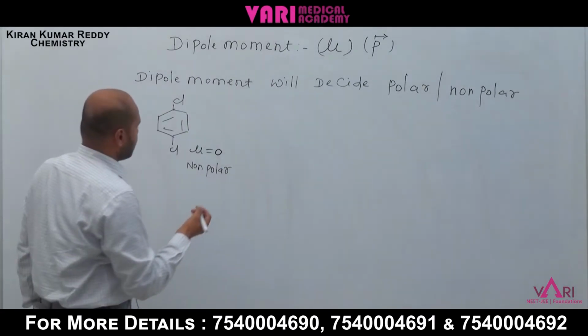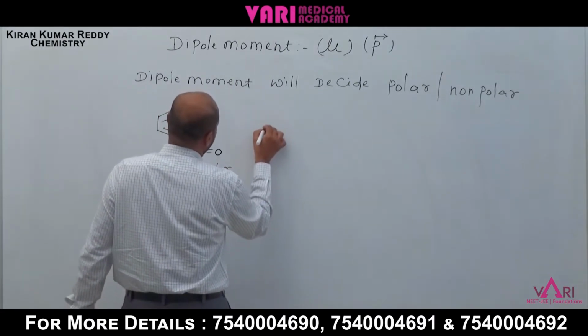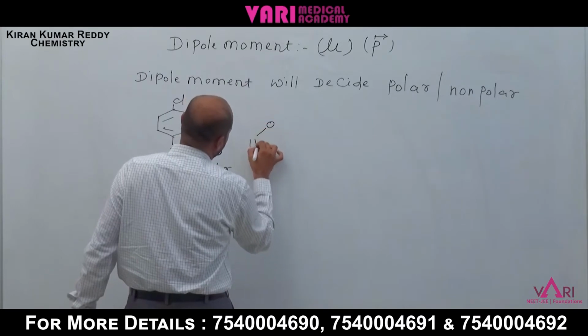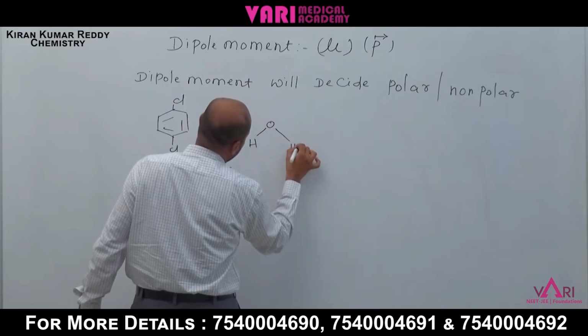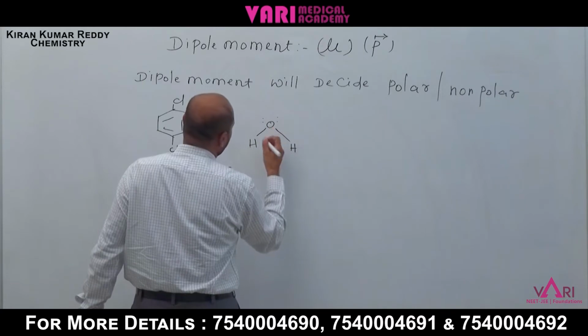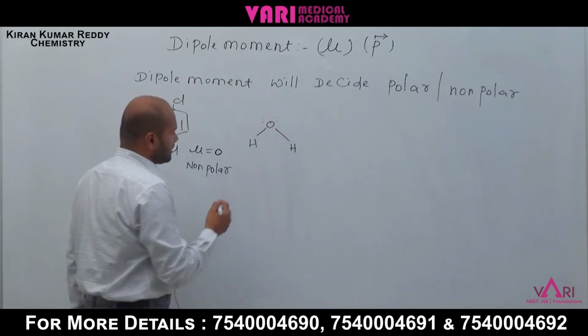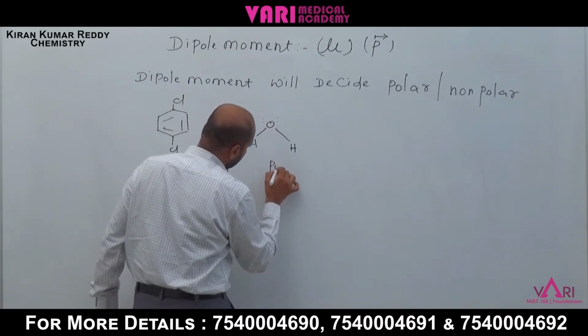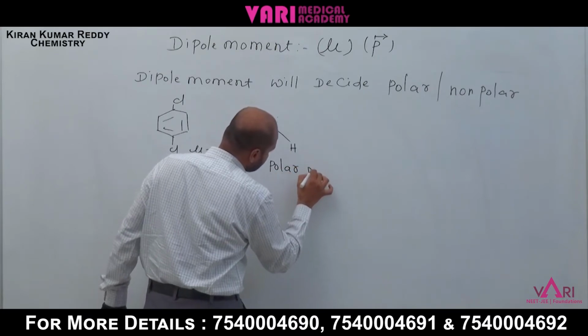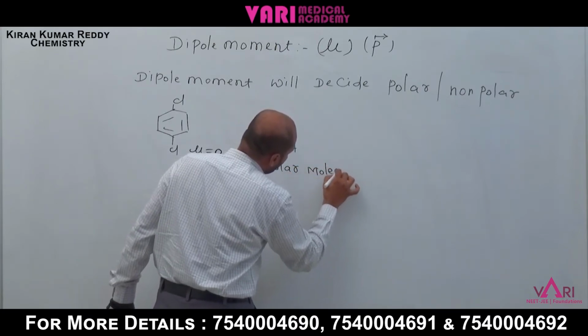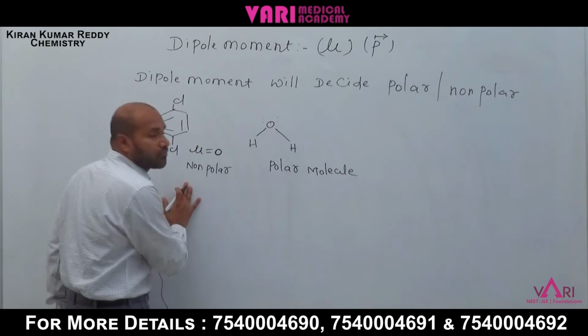If you take any molecule, such as a water molecule, in the water molecule also the dipole moment will decide. Here, this one is a polar molecule, this one is a polar molecule, and this one is non-polar.